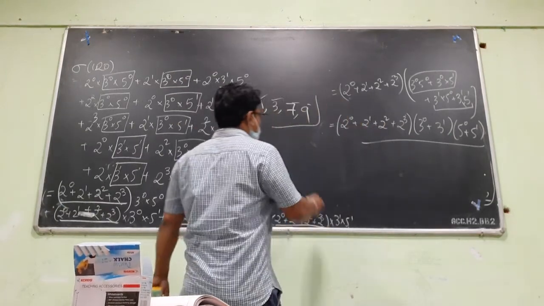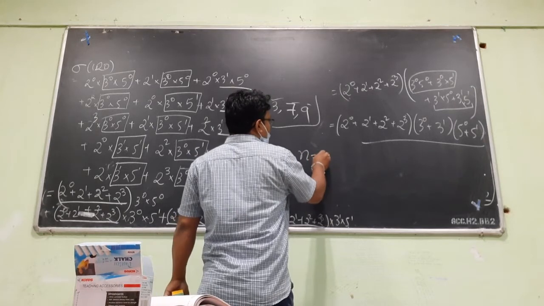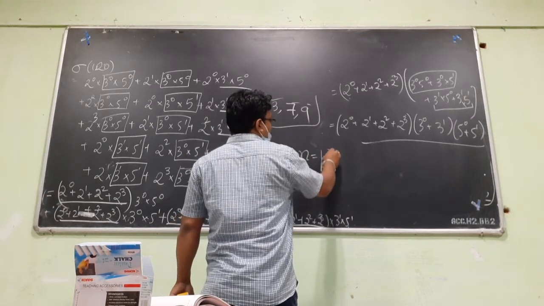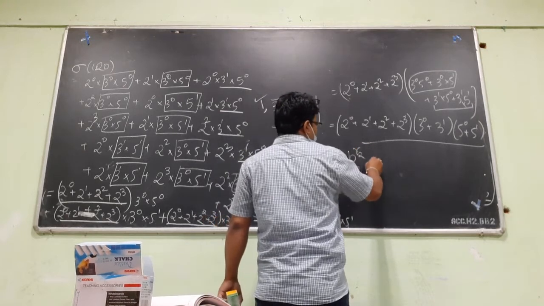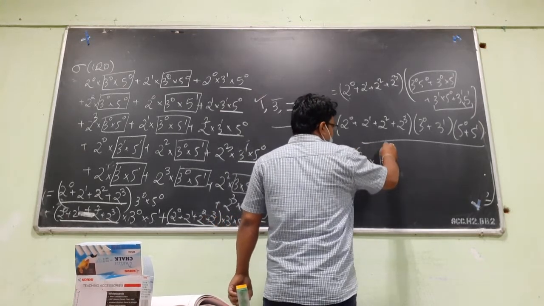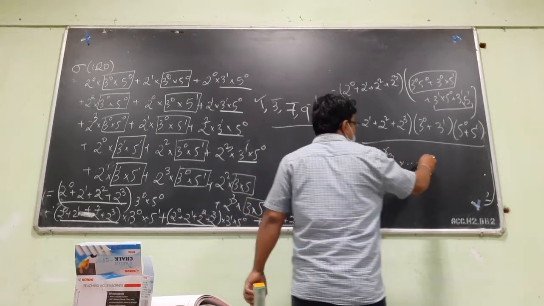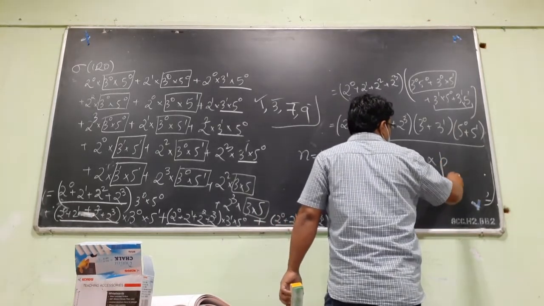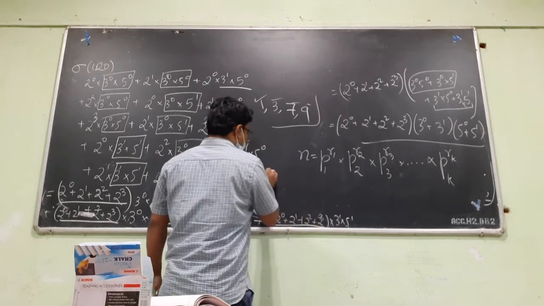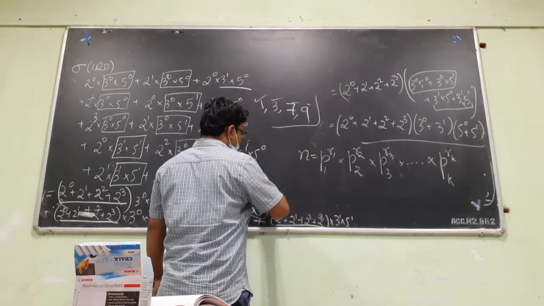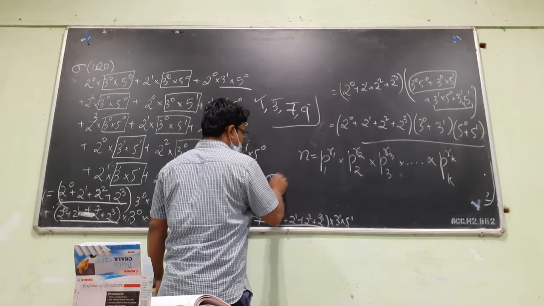So in general, if you have n equal to p1 to the power r1 into p2 to the power r2 into p3 to the power r3 into ... pk to the power rk, then what should be your sigma n? Okay, try to write down this expression.